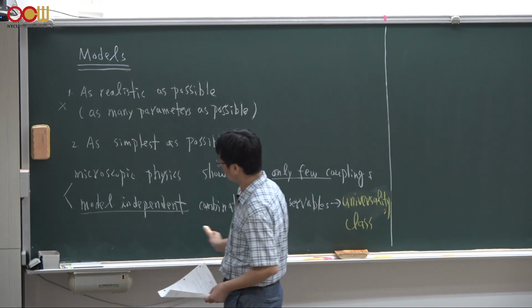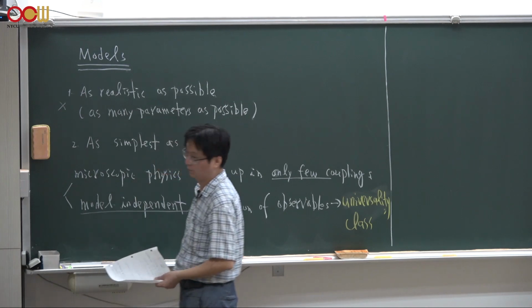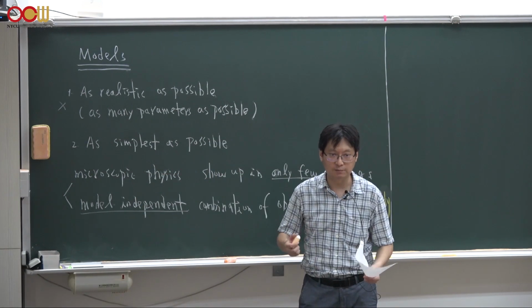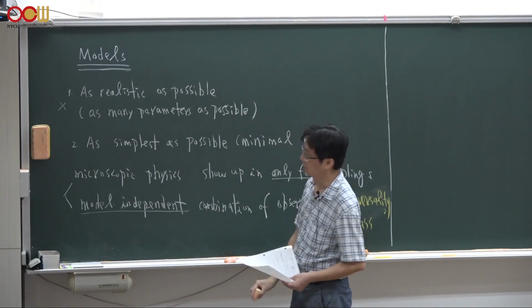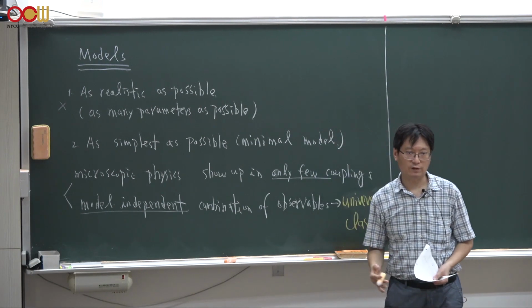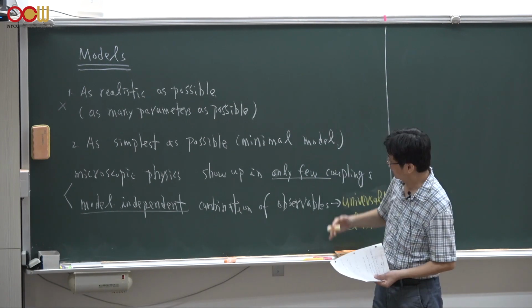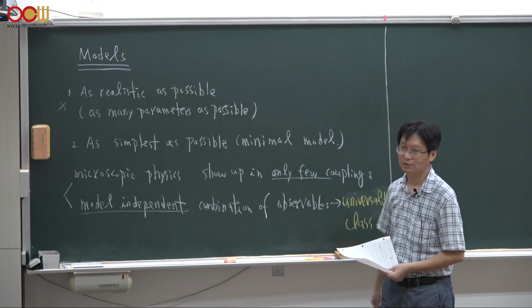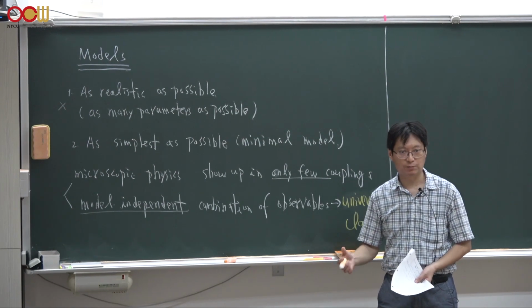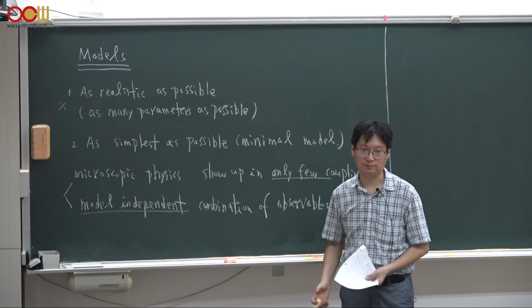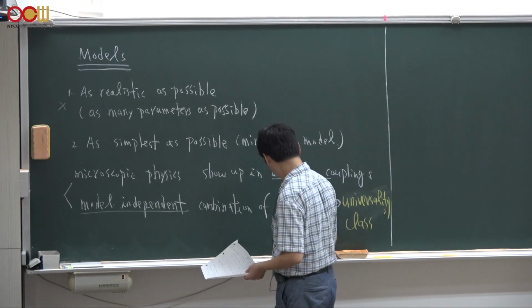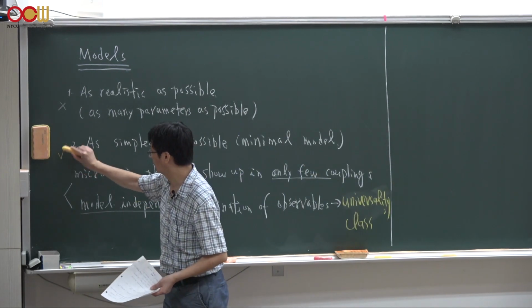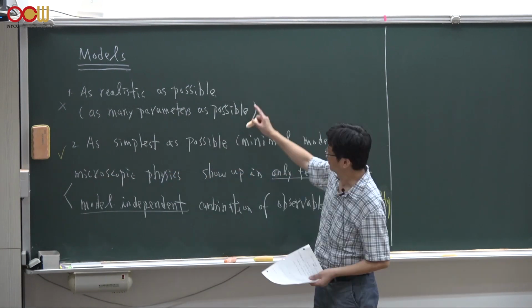So here comes the second approach, where we try to construct a minimal model, simplifying the model to the simplest possible we can imagine, and yet capturing the most important features of the experiment. That is a very clever and more realistic approach than the first.